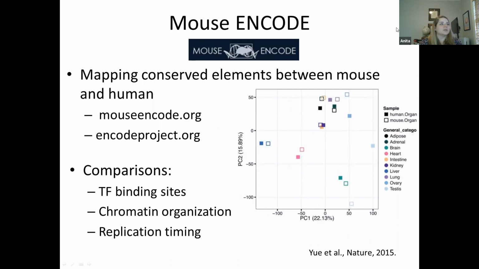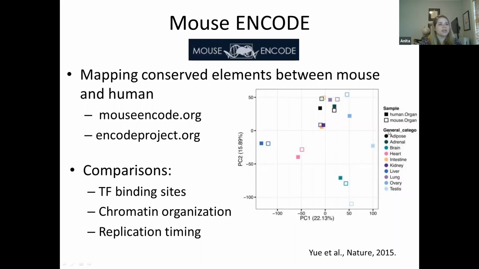And then of course, the point of using mice is that we're trying, in most cases, not all cases, to model human disease or human condition, human biology. And this is being done through the Mouse ENCODE project. Basically they're comparing elements between mouse and human. This was one of the figures from the paper they released in 2015.